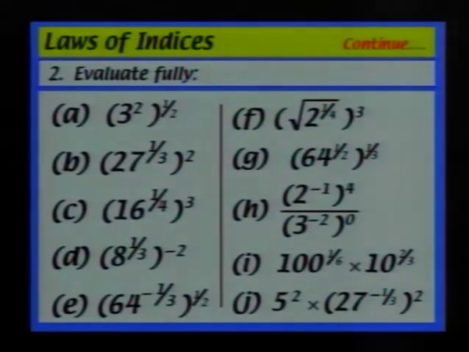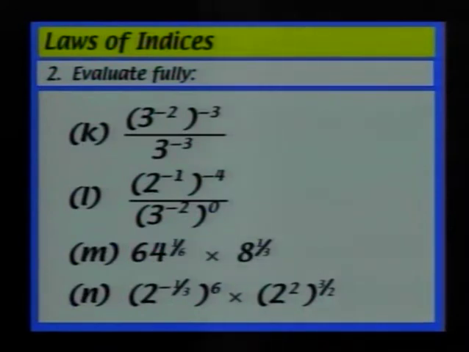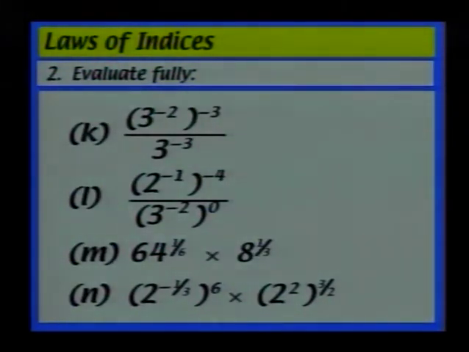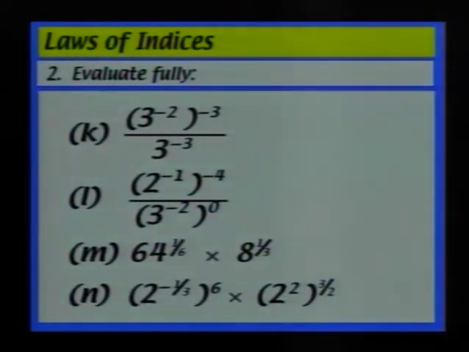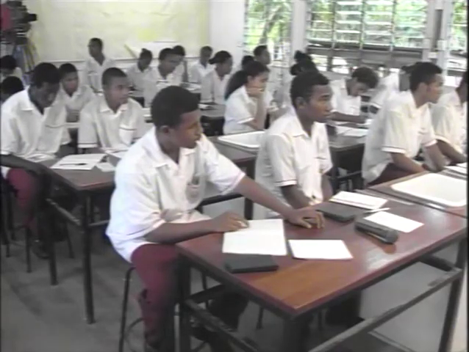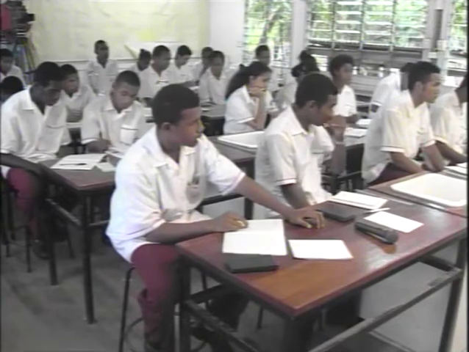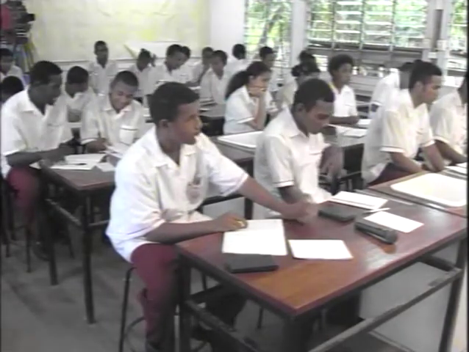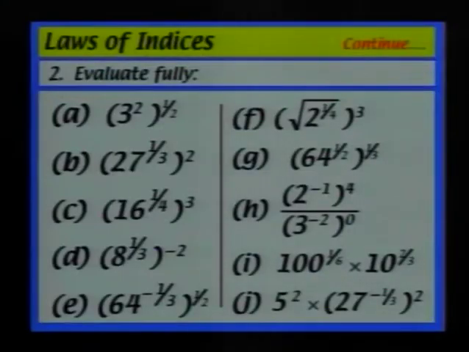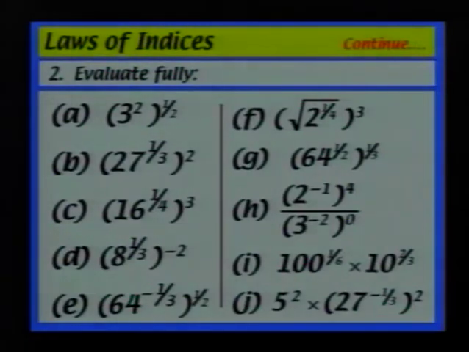And letter F was 2 1/4 raised to the power of 3. And letters M and N. So the group that was answering questions E and F, please come to the front and see if you can explain your 2 questions quickly, and then we'll have the group that was working on M and N.